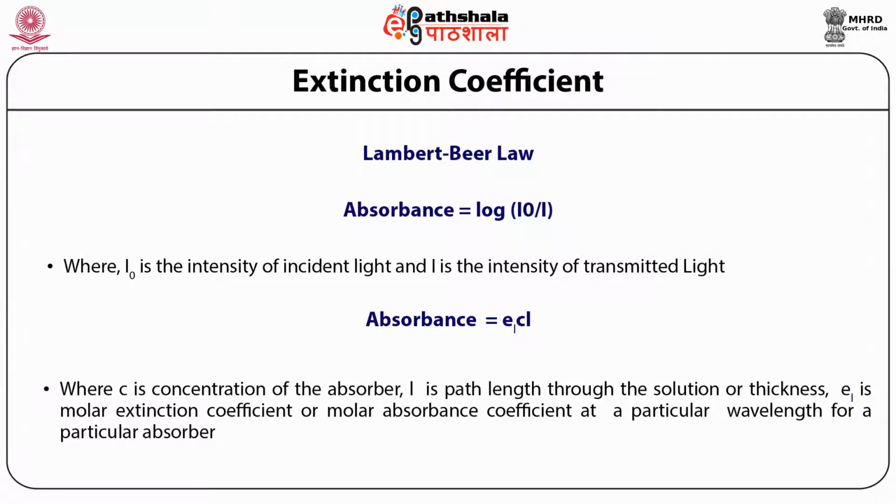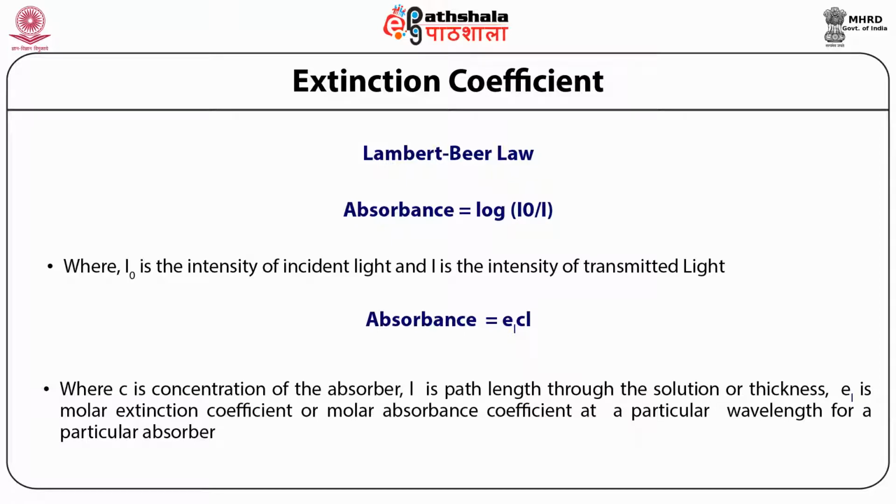Extinction coefficient indicates how much light a protein absorbs, and this is represented by absorbance at a certain wavelength, and it is useful during protein purification process. Lambert-Beer law defined absorbance as a log ratio of the intensity of incident light to the intensity of the transmitted light.